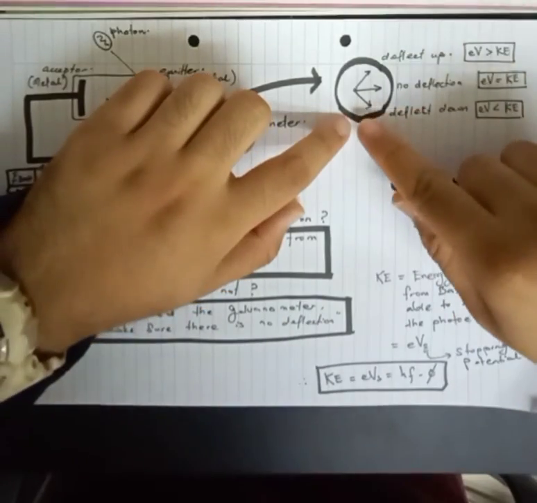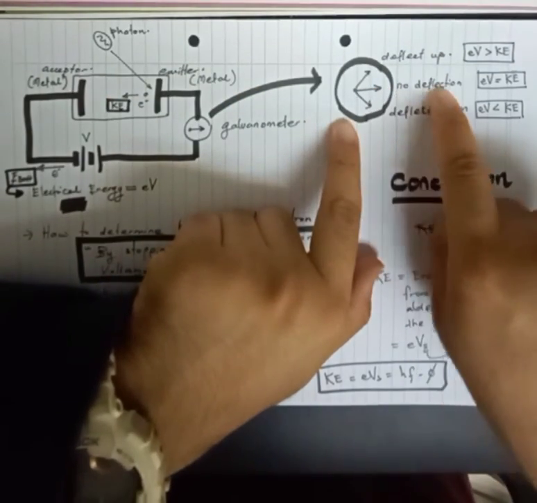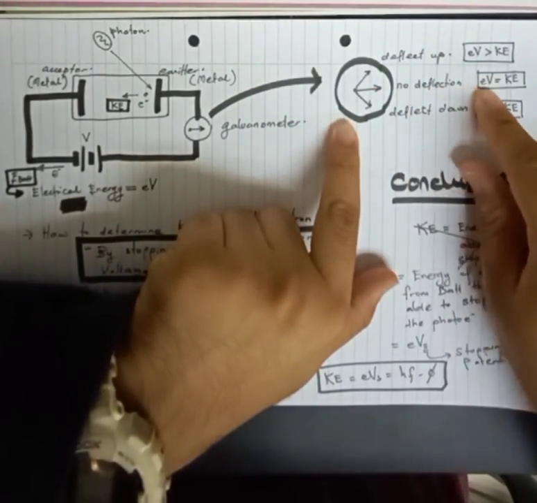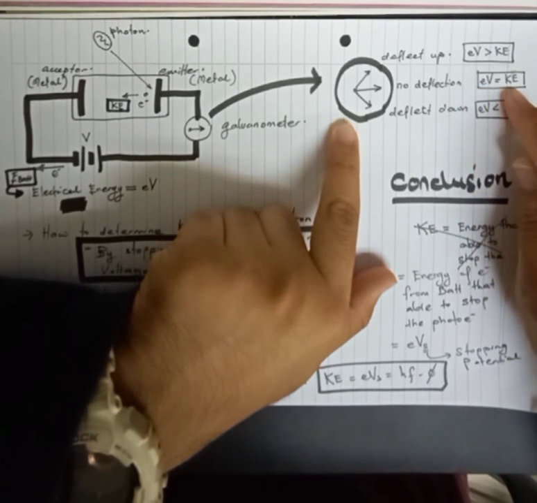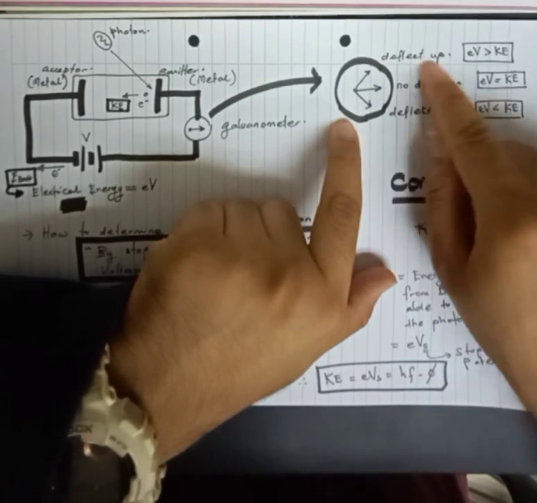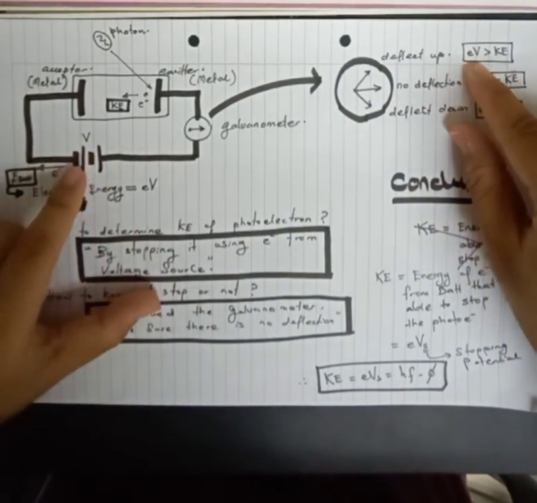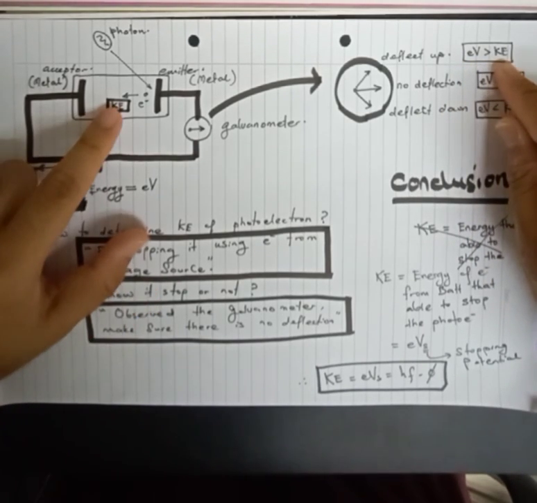Okay, if we look at this diagram, when there is no deflection, that means the energy of the electron from the battery is equal to the kinetic energy of the photoelectron. If it deflects up, the energy of the electron from the battery is greater than the kinetic energy of the photoelectron.